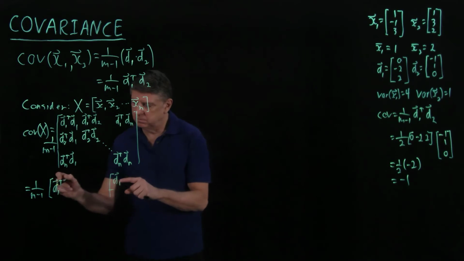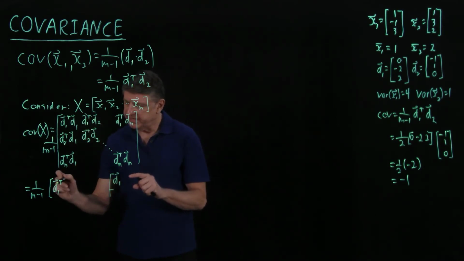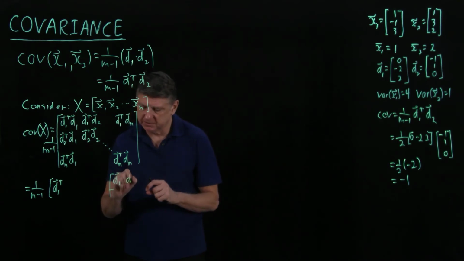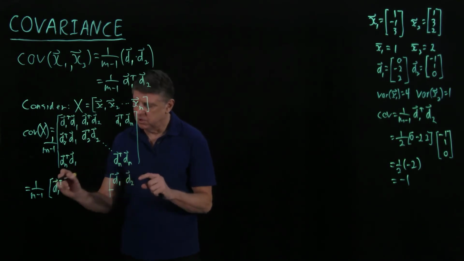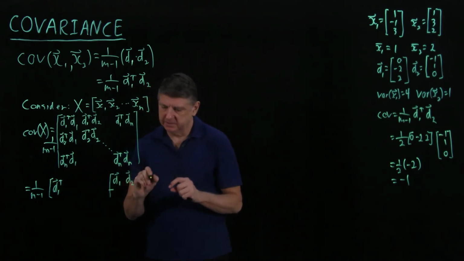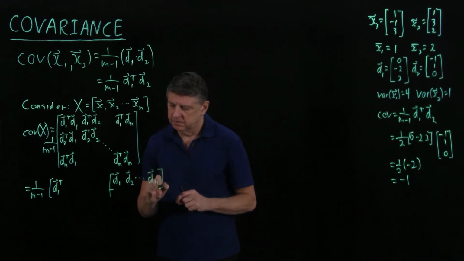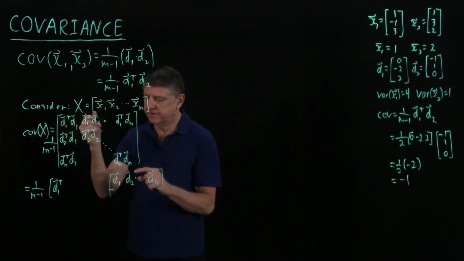What is entry 1, 2? Well, that is D1 transpose times D2. And so on until it's Dn. So we've now computed the first row of the covariance matrix.